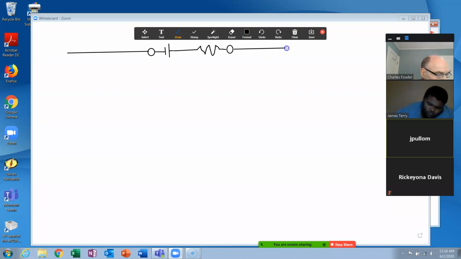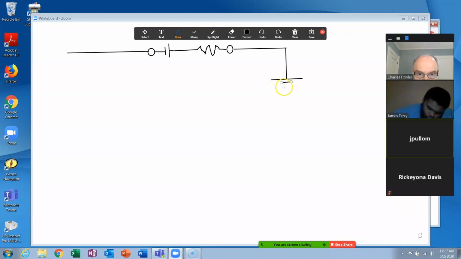Okay, and then we'll do another straight line, supposedly. Okay, down to another battery, and this will be a positive here and a negative here. These are supposed to be parallel, but obviously they're not.